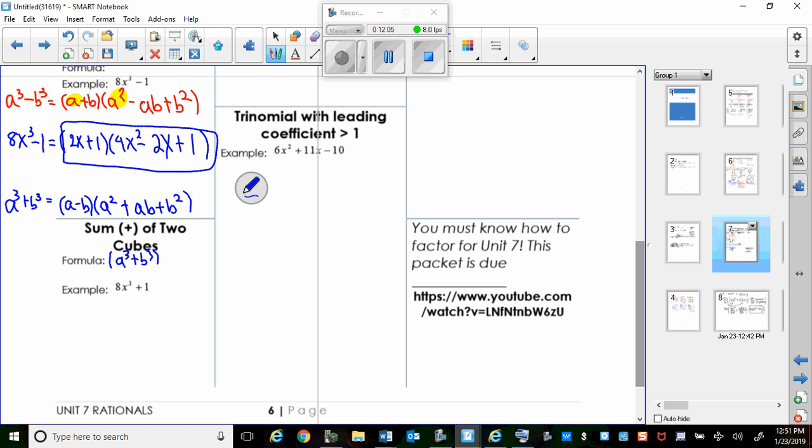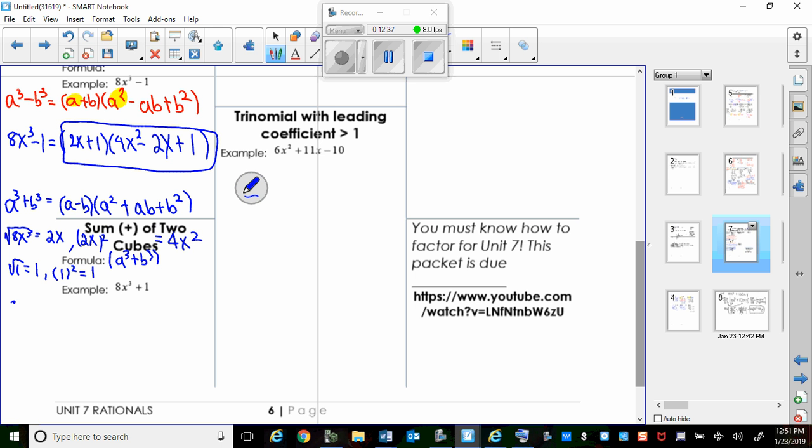Okay? Now, I take the cube root of the first part, so the cube root of 8x cubed equals 2x, and then I square this, square what a is. 2 squared is 4, x squared is just x squared. Next, I take the cube root of 1, this equals 1, 1 squared equals 1.